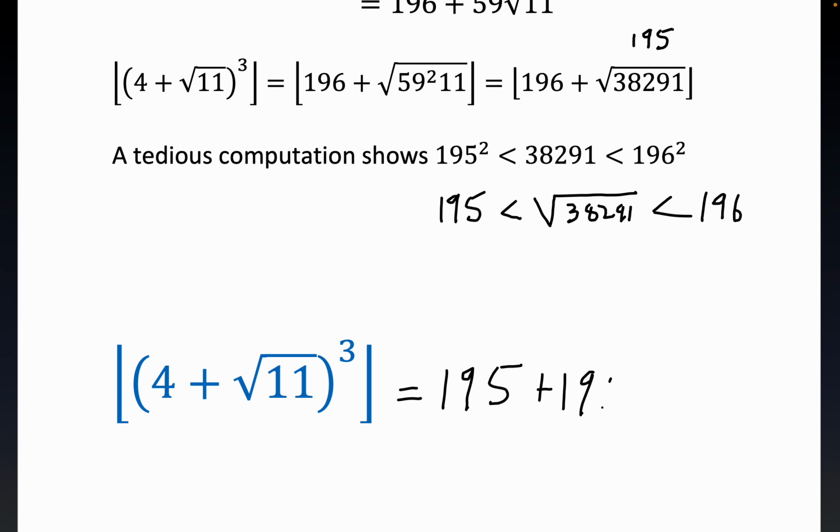And what is that? 391, 380 plus 11 is 391. So the answer to this one is 391. Again, I did double check with a calculator, but all the work is doable by hand. So that is the solution.